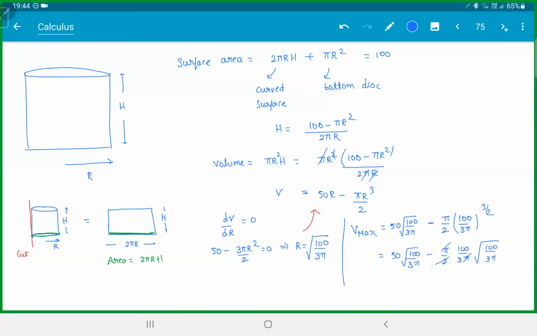Pi will cancel. 2 into 50 into 50 minus 50 by 3. That will be 100 by 3 root 100 by 3 pi. Check. Yasha, that is right. No, you got too small, I guess. Somewhere you messed up. Check everyone. Have a look at this.